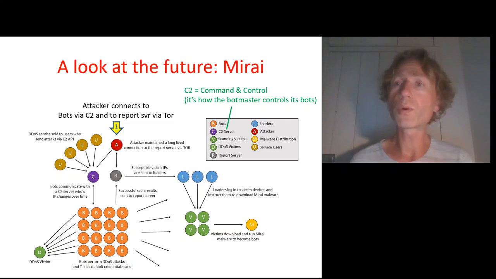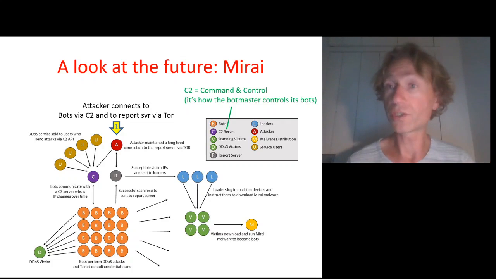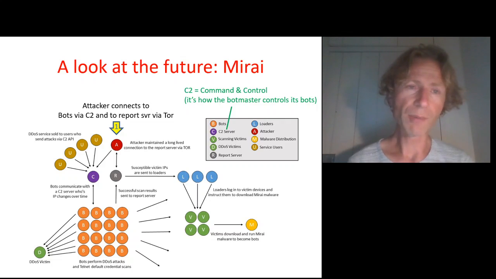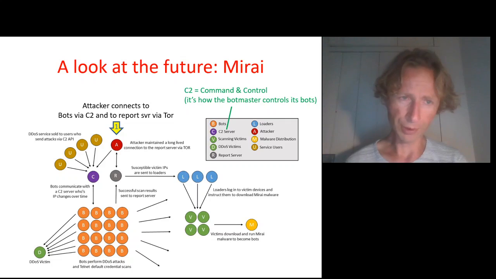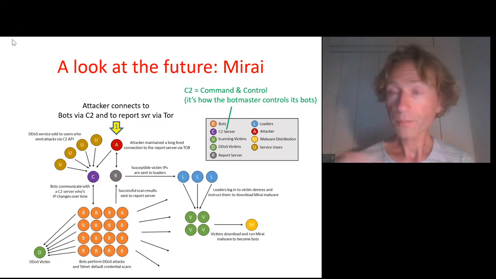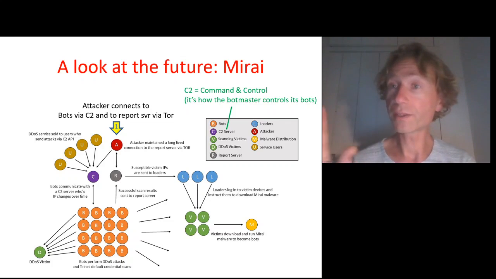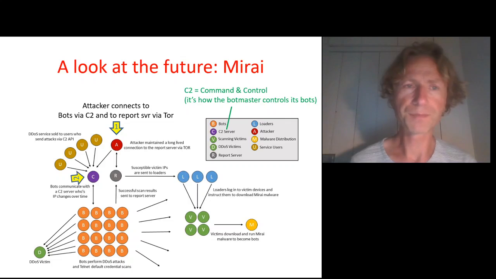So Tor allows you to use onion routing, so multiple layers of encryption, to hide your own identity, right? To connect to these command and control and reporting servers. Okay. And it would sell denial of service functions to users, okay? And they would send their attacks via some API that they've been given.